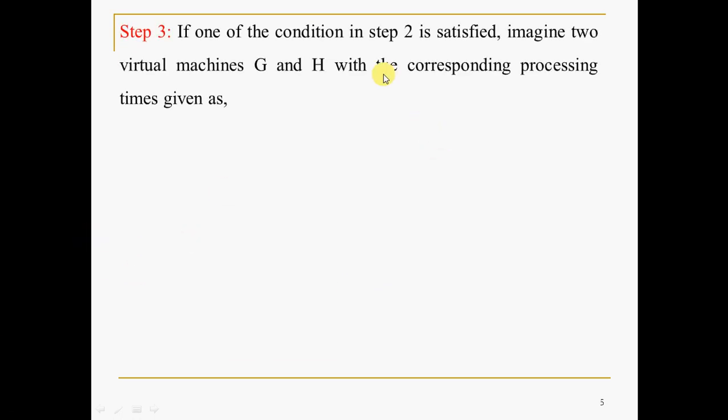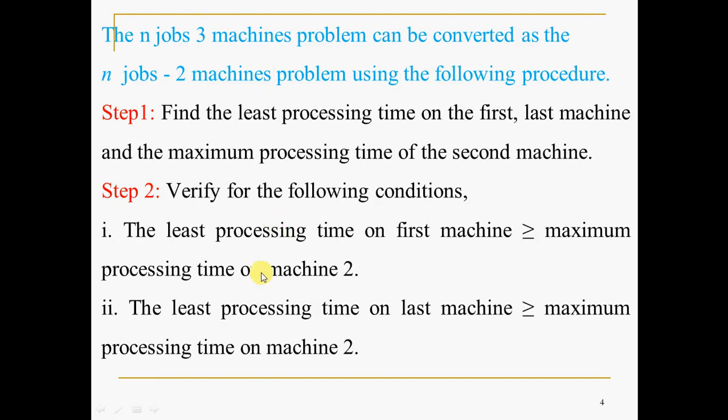If one of the conditions in step 2 is satisfied, then imagine two virtual machines G and H with the corresponding processing times as discussed below. Sometimes both may be satisfied, or at least one is satisfied, then you go to step 3.